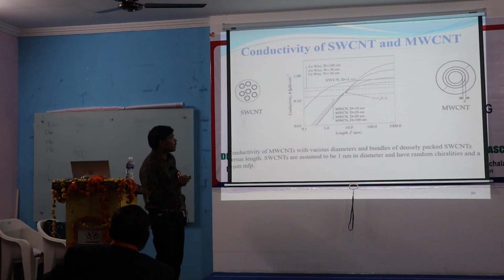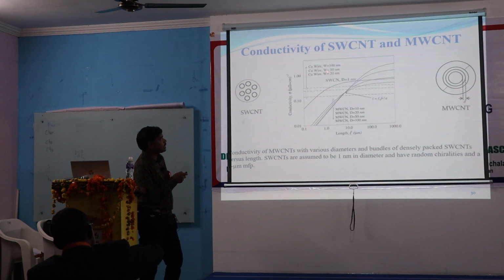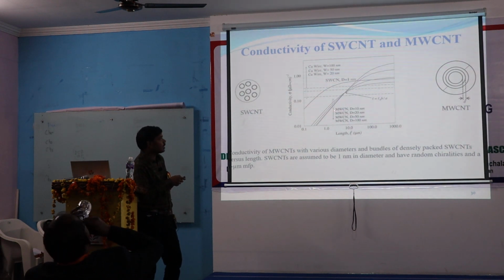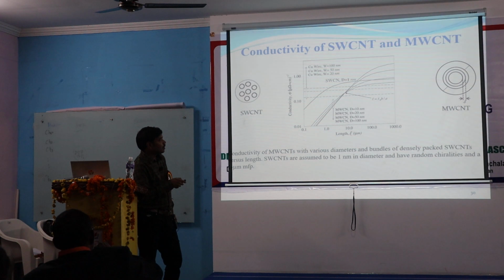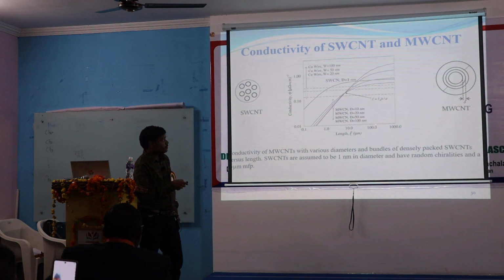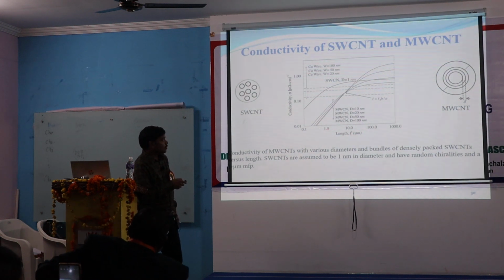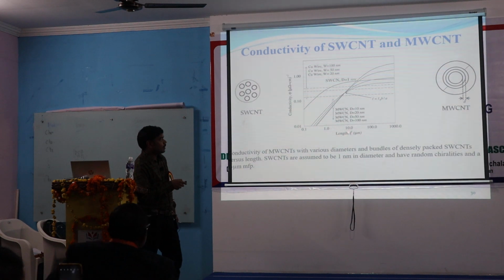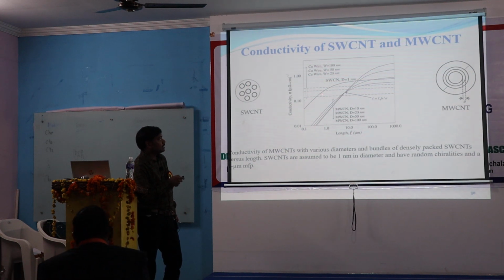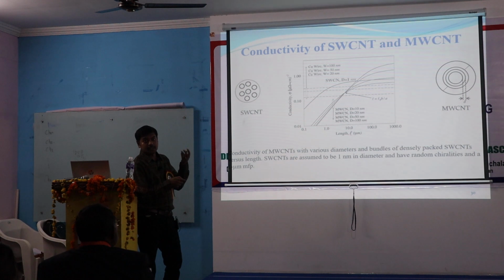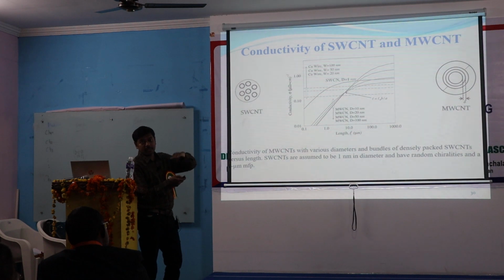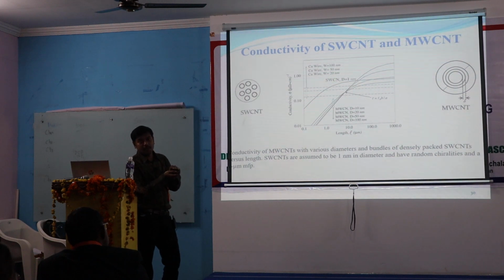So if you compare the conductivity of MWCNT and SWCNT, what you observe is that for small length, the SWCNT bundle conductivity is high. As we discussed in the first slide, we categorize the interconnects into 3 parts: local, intermediate, and global. Local means the length is very small.